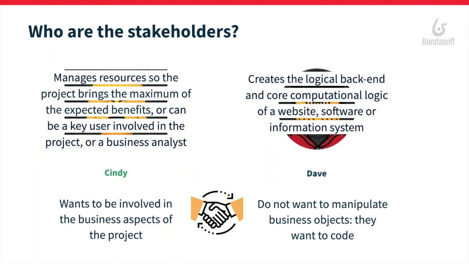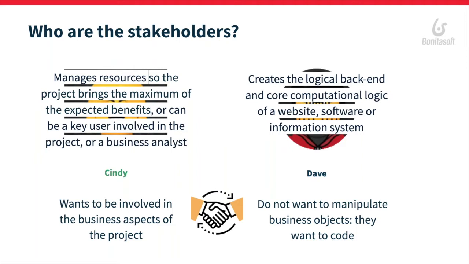Now, I will go into details about the use of different elements of the studio, demonstrating with Bonita, for each of the elements we are going to build, how Dave and Cindy can interact to create the application. To do this, and even if Bonita is what we call a DPA, Digital Process Automation system, which means that it deals with critical processes, here I will take a fairly simple example of vacation request management, just for its educational value, essentially.